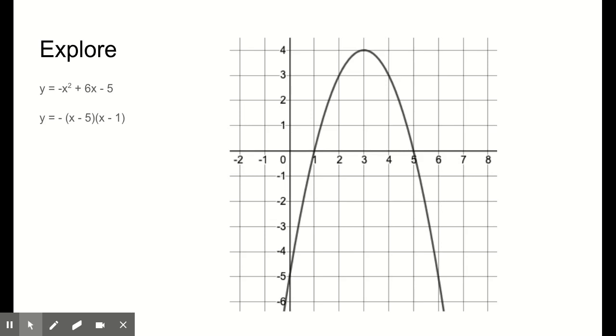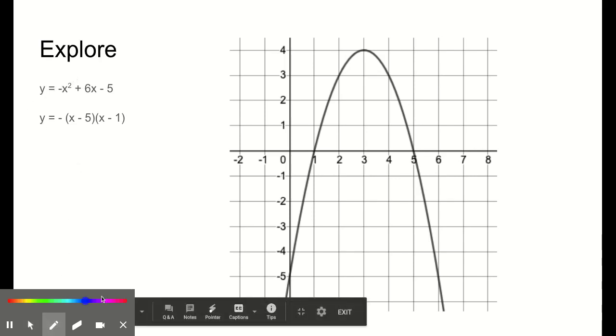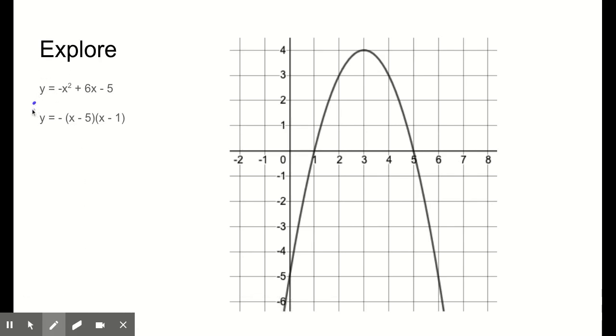So here is an equation that we have in standard form. And then I've also given you guys factored form. And I want to take a look at the graph and see what we notice. So first of all, we know that our vertex is right here at 3, 4.